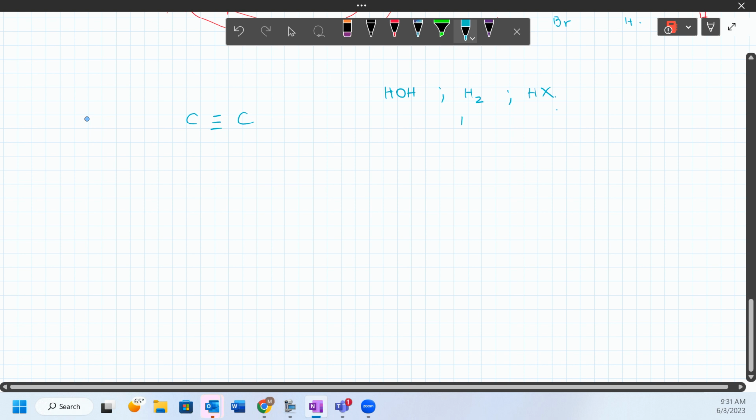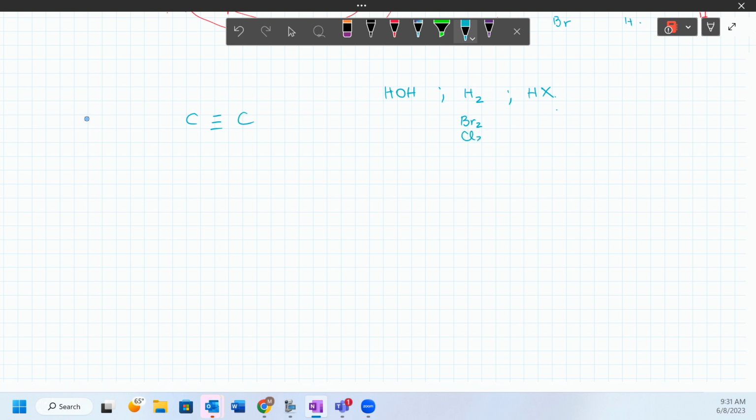So this can be a Br2, Cl2, F2, or I2, and this can be an HBr, HCl, HF, or HI. So in those cases, you can break not only one, but two bonds.